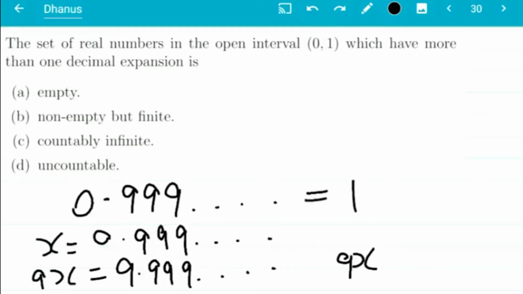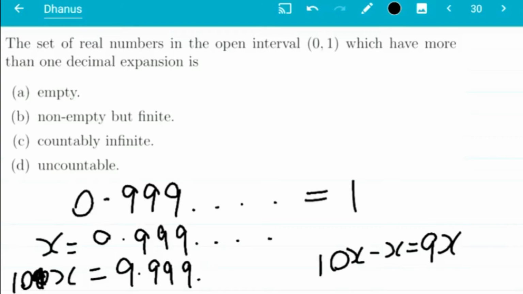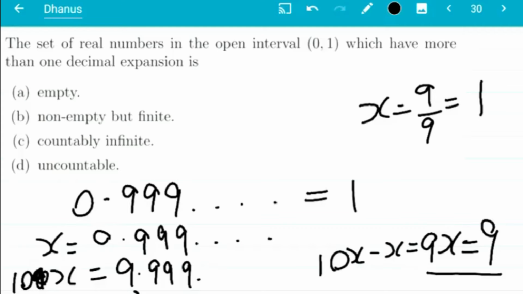Here 10x is equal to 9.9999... Then 10x minus x will be equal to 9x, that is equal to 9. Then x is equal to 9 by 9, that is equal to 1. This is the usual proof.